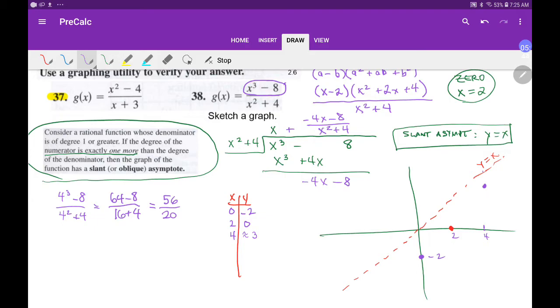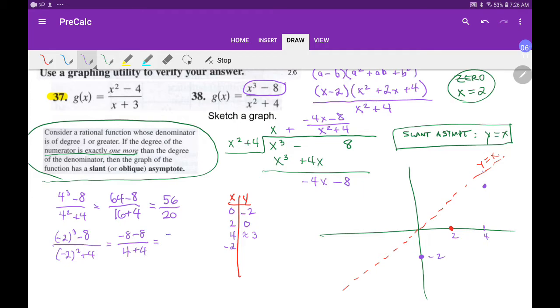Okay, let me go the other direction. Let me say negative 2. What's happening when we're at negative 2? Negative 2 to the third power minus 8, over negative 2 squared plus 4. So that's negative 8 and negative 8, and 4 and 4.